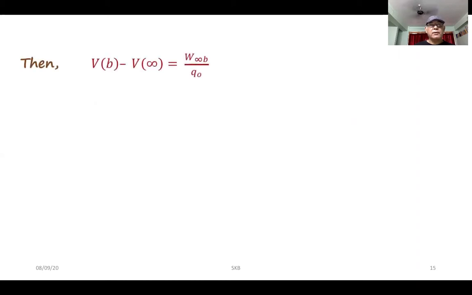Then we have potential at B minus potential at infinity equal to W infinity to B divided by Q naught. This simplifies to finally potential at B equal to W infinity to B divided by Q naught.